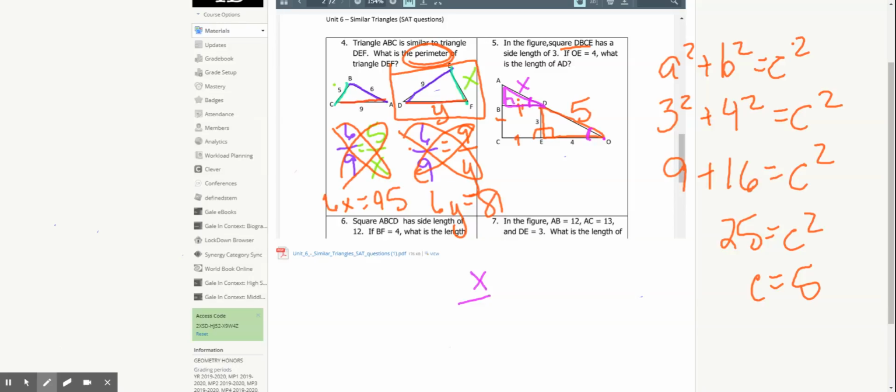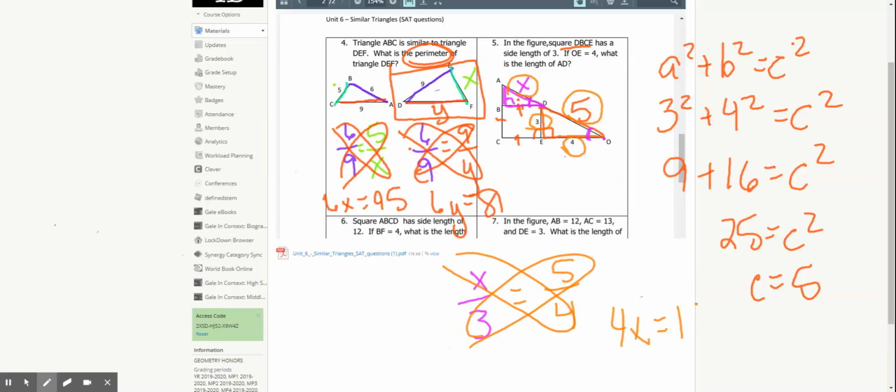So I've got x over 3, that's the pink triangle on top. And then the orange triangle, the x goes with the 5. And the 3 here goes with the 4. So 4x is going to equal 15. Do the division, and that's what you're going to get for AD, and that's just your answer.